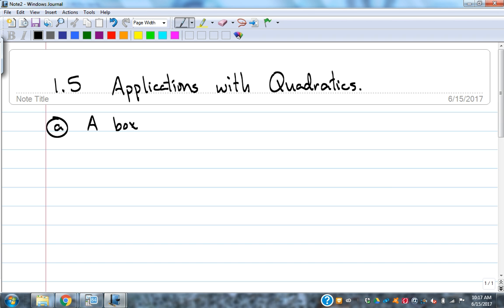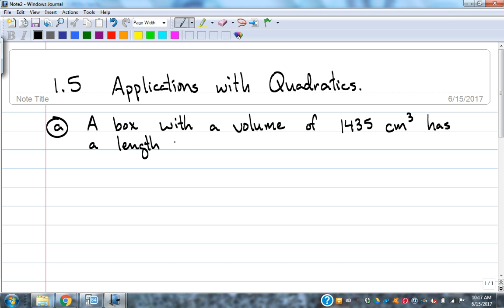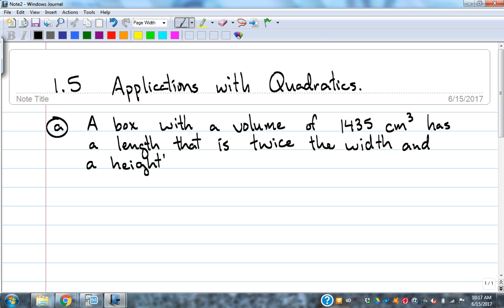A box with a volume in it of 1,435 cubic centimeters has a length that is twice the width and a height of 5 centimeters.